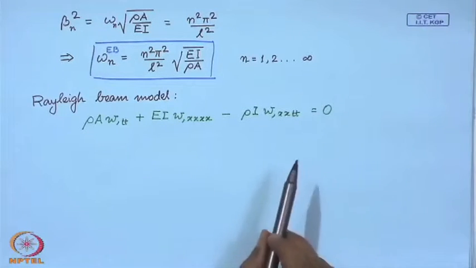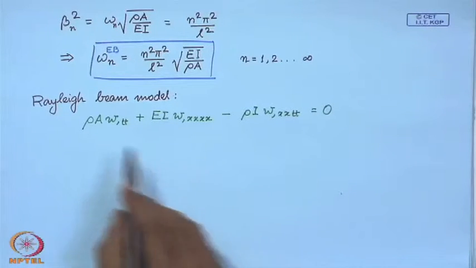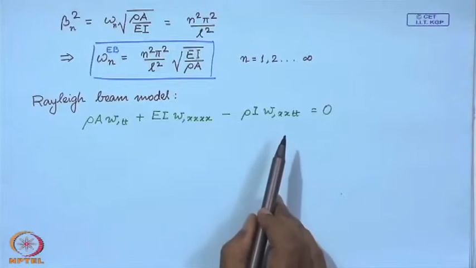So, this is the differential equation of a uniform Rayleigh beam.